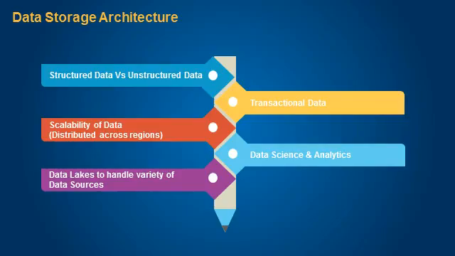So you need to have a distributed data storage mechanism across geos. And of course, when you have a large data set, you can create a lot more insights. So data science becomes important in terms of understanding the data, making sense out of it, and creating nice infographics out of it.